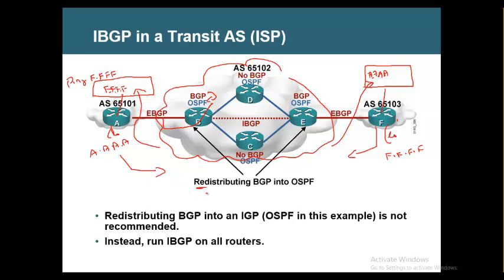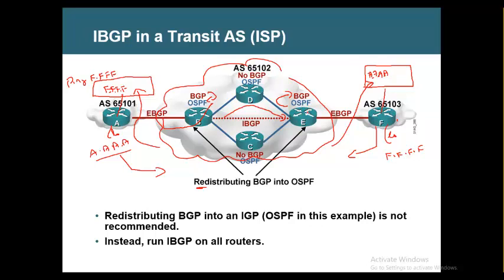We call it redistribution. Now what will happen? The A.A.A.A advertisement is now carried as OSPF updates to E. And now on router E, they redistribute OSPF back into BGP.